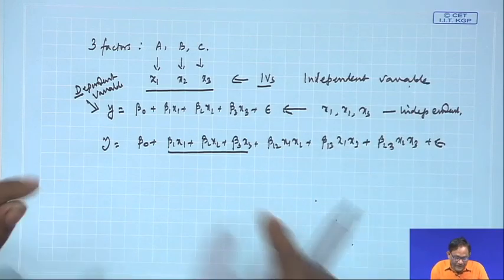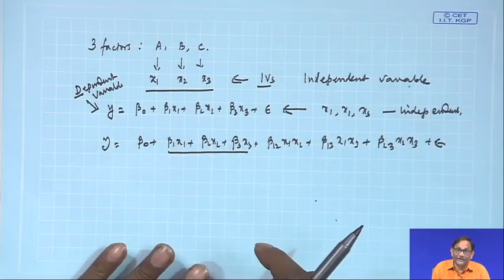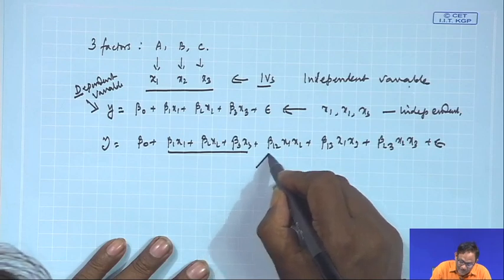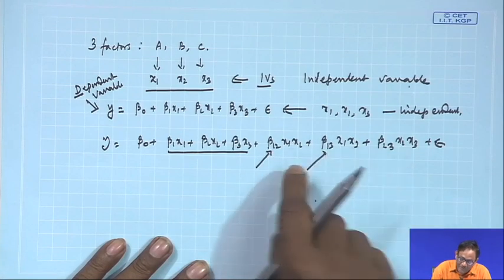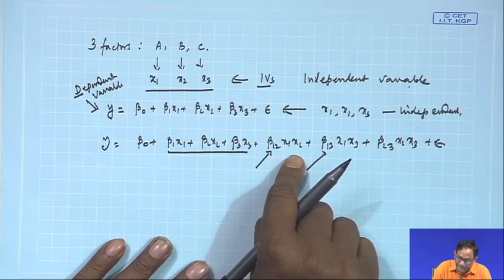If we assume that the independent variables are correlated, then we create some other coefficients which take care of their correlation part like this.